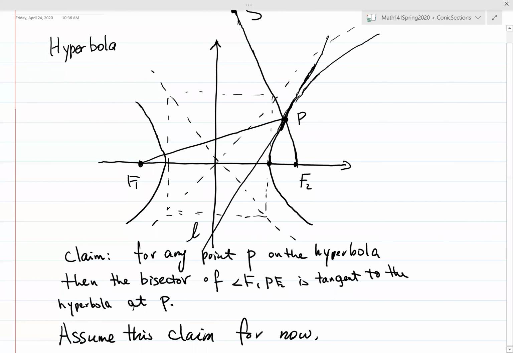Tangent line L. Then we have alpha, beta, gamma.